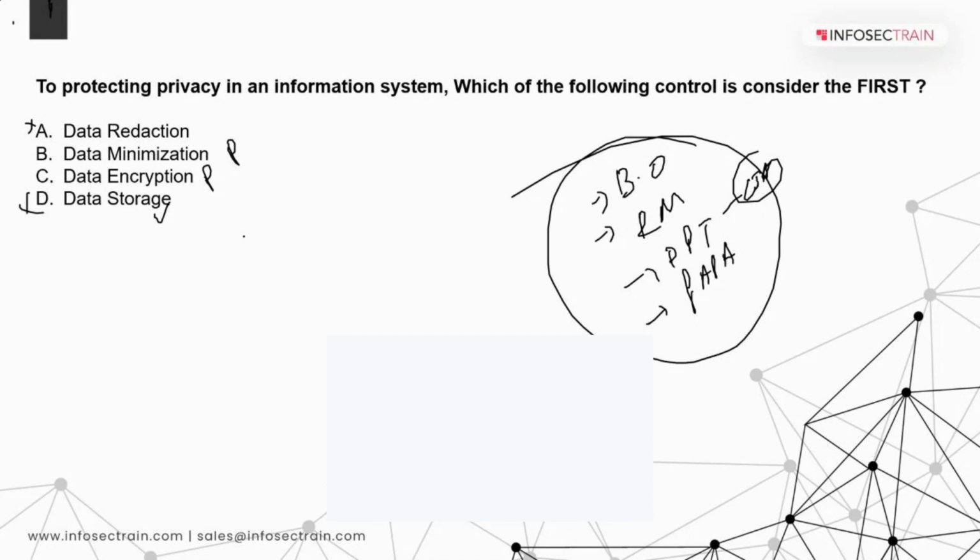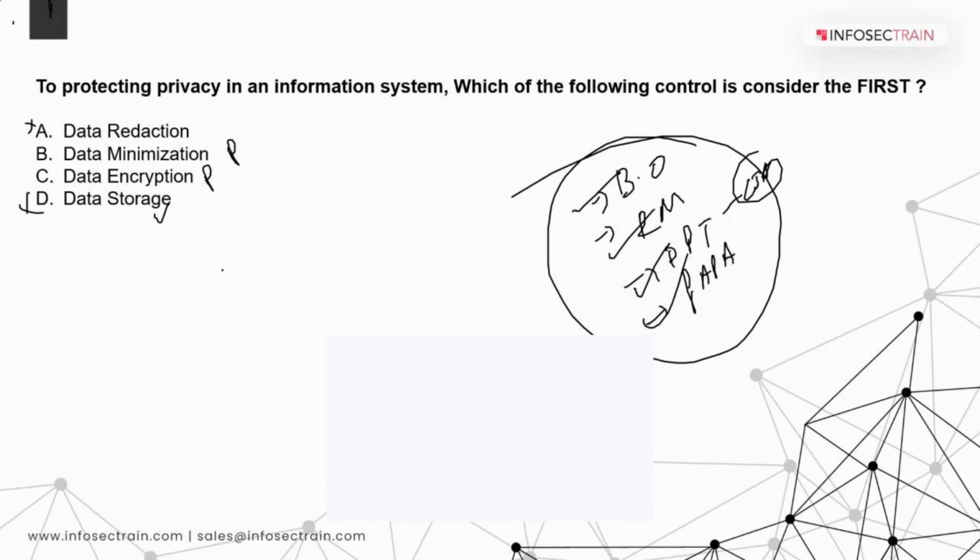Okay, so I said your business objective, your risk management, PPT, and PAPA, right? The four options, always remember them when you are solving any question. Now I am taking business objective. So what is your business objective? If you have to perform anything, you spend a small amount and you get more benefits, right?